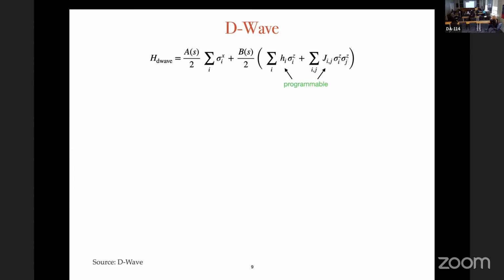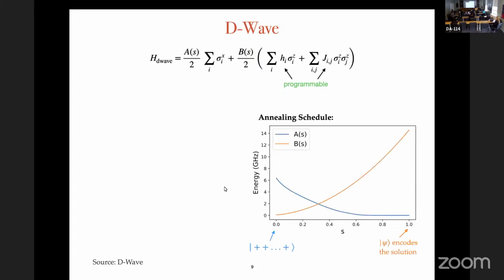So the Hamiltonian of D-Wave consists of two parts. The first part is the transverse field governed by the parameter AS. The second part is the Ising part, controlled by the parameter BS. And the longitudinal field and the ZZ couplings are the programmable parameters in this Hamiltonian. So D-Wave is known as the quantum annealer.